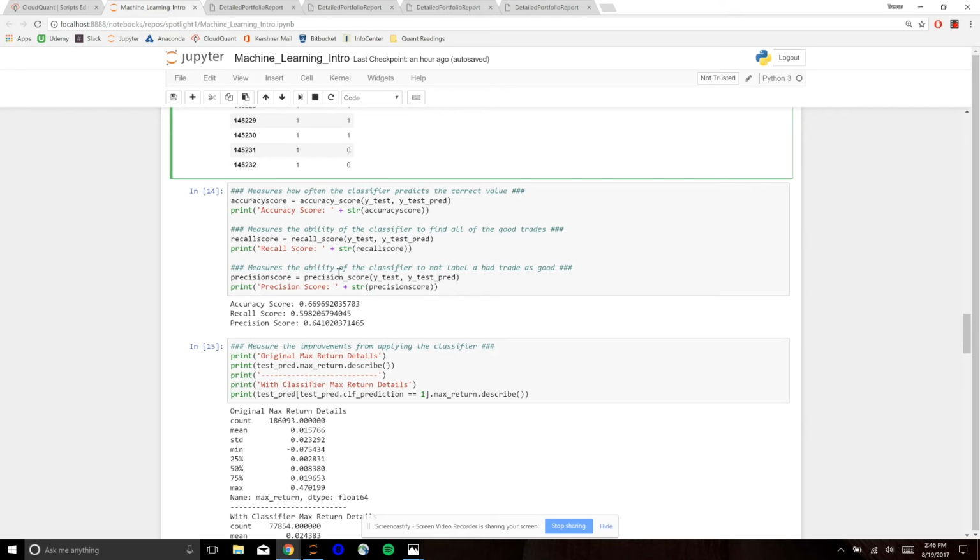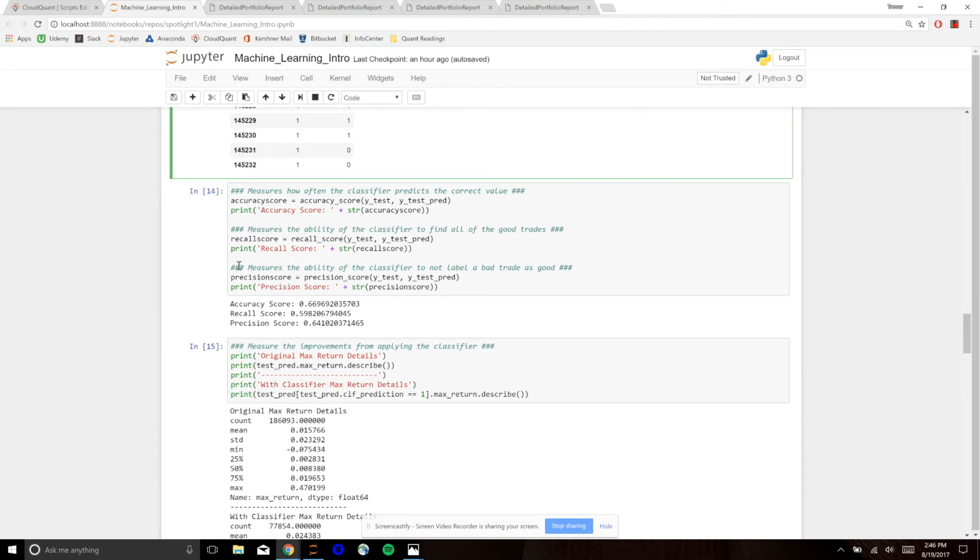Precision talks about how many times, if it guesses a yes or guesses a good trade, it is correct. We could wait until we saw a perfect setup and only take those trades, and we would take very, very few trades, but we'd win almost all of them.